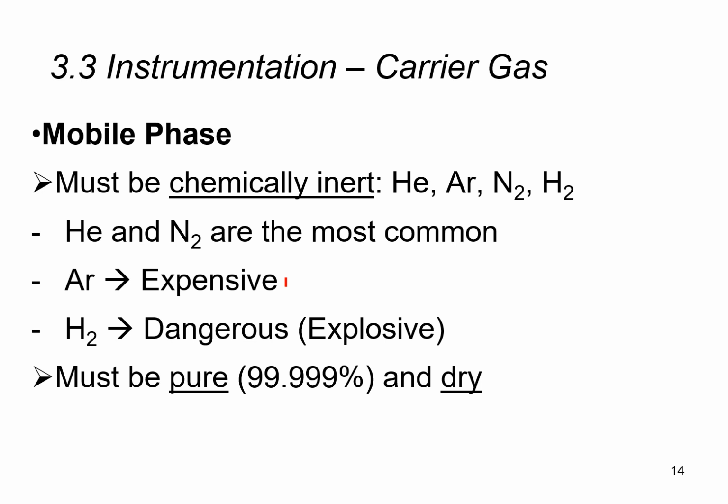And for hydrogen, we know that hydrogen can react with oxygen to make an explosive mixture. Therefore, for safety purposes, we stay away from hydrogen being used as a gas. So that leaves us two of the most common gases used in GC instruments, namely helium and nitrogen.